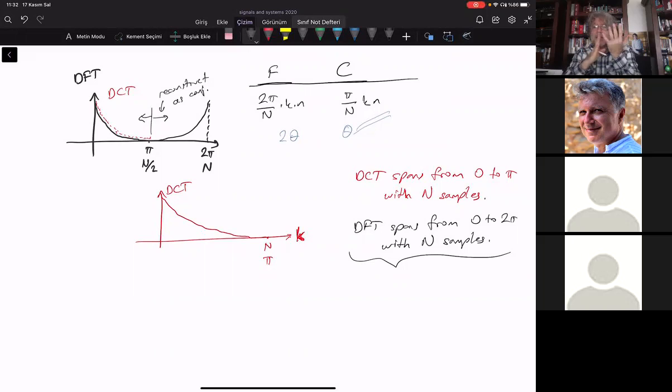So knowing only the left-hand part of the DFT will let you know the right-hand part of it by its conjugation. So half of DFT contains sufficient information.